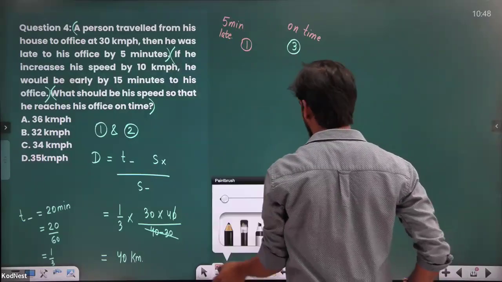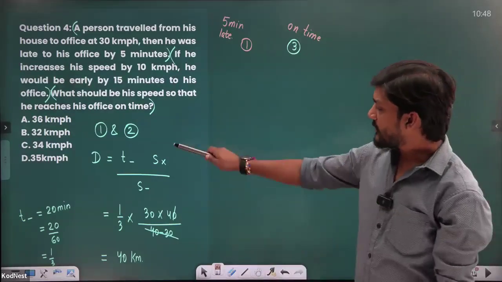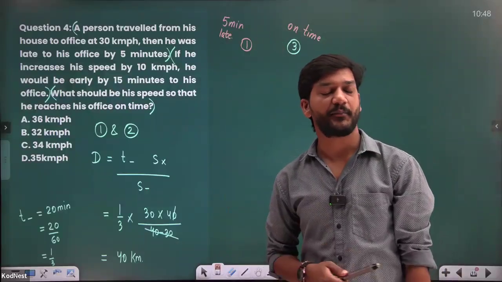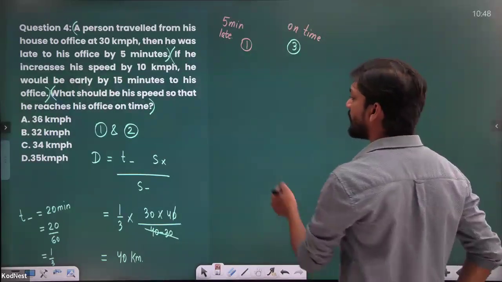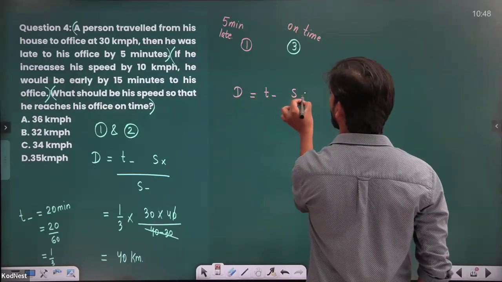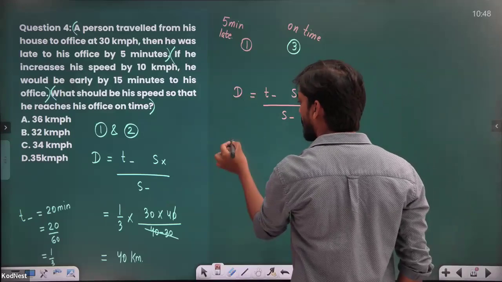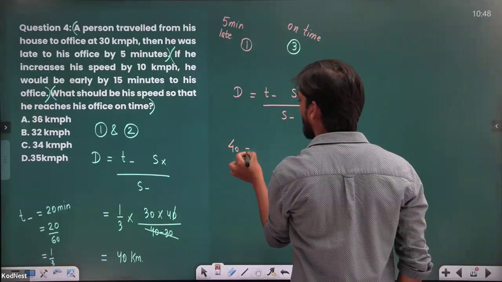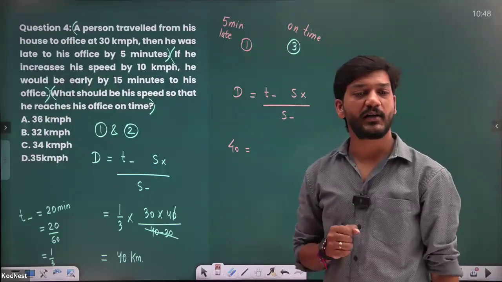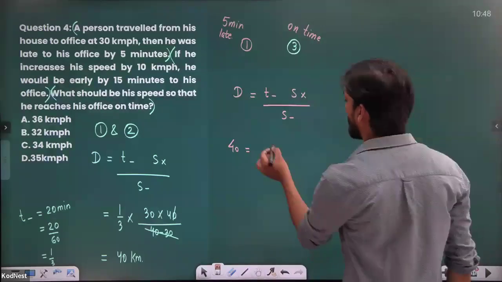I can again apply the same formula for these two situations. Distance equals (T1 minus T2) times S1 S2 divided by (S2 minus S1). Distance we have calculated as 40. Do you know the time difference? Carefully observe the two situations. It is 5 minutes.